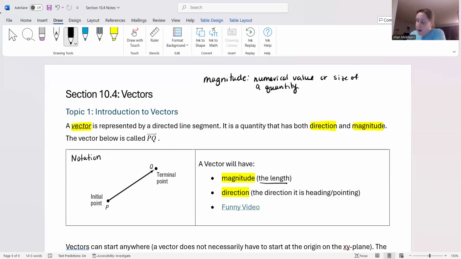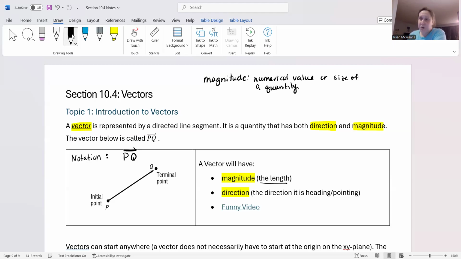In this case, they have named this vector PQ, but the way we denote to our reader that this is a vector is a little line with a hook on it. It's not really an arrow, because an arrow is the symbol for a ray. We just want a little line with half an arrow on it. We will indicate that we have a vector like this.